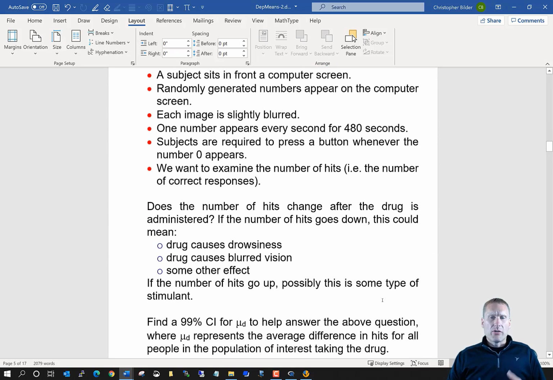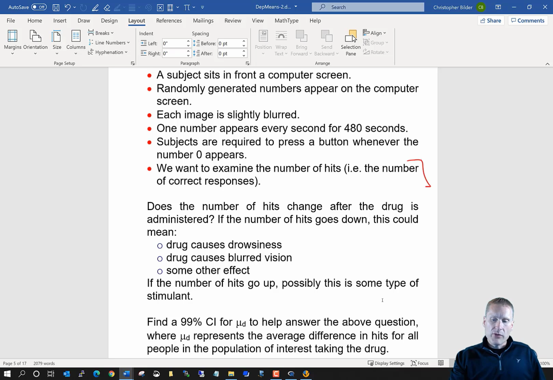The patient, or actually they would call them subjects in this case, sits in front of a computer screen. On the screen, you see a randomly generated number where the image is blurred a little bit. One number will appear every second for 480 seconds, and subjects will press a button whenever the number 0 appears.